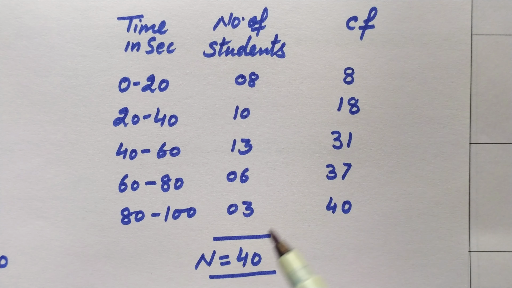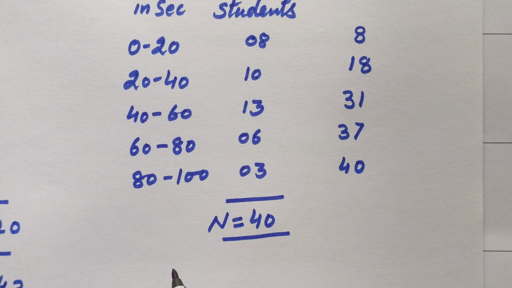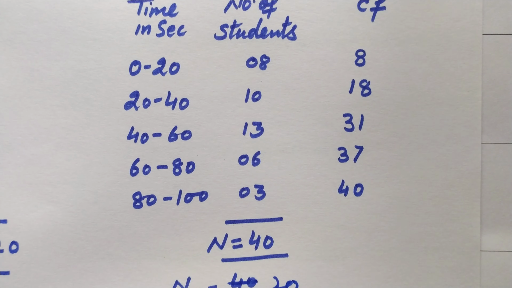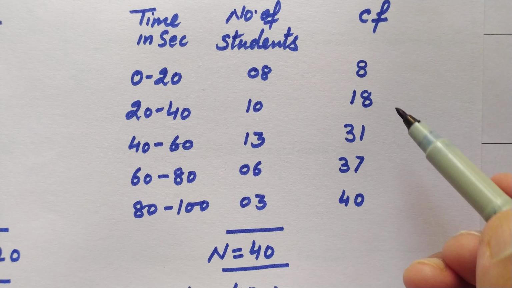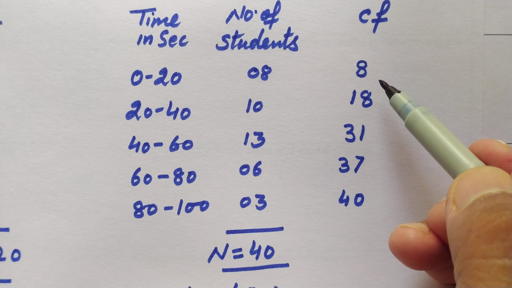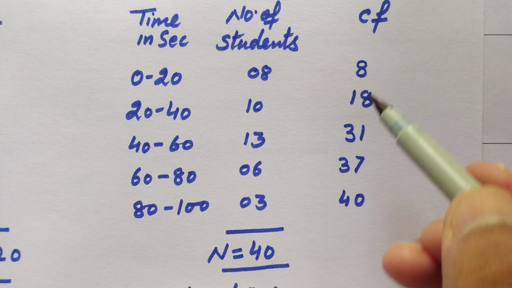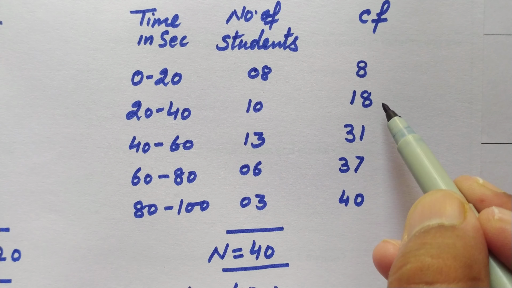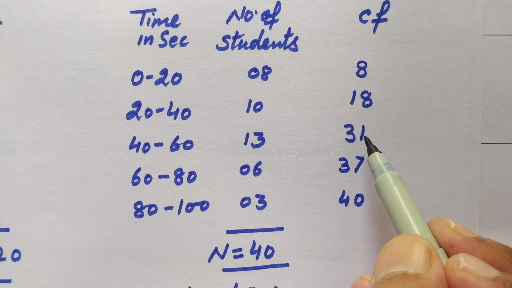Now how do we find the median class? First of all, we will find n over 2. So 40 over 2 is 20. Now we will check in the CF where the number is just more than 20. N by 2 is 20. So where is it just more than 20? It is here.